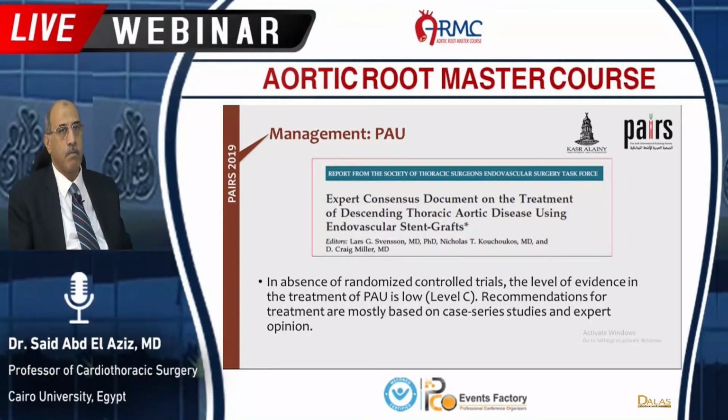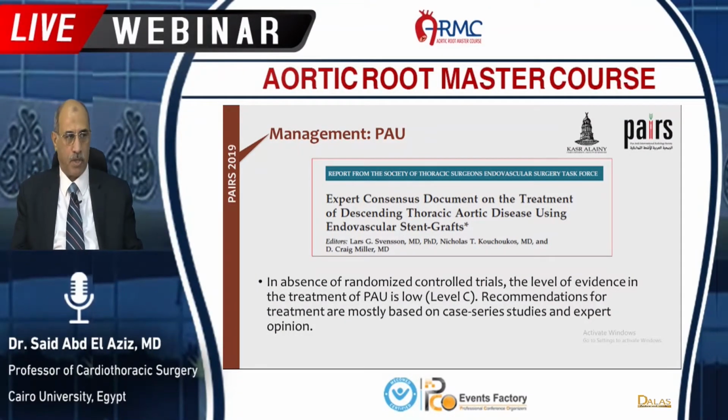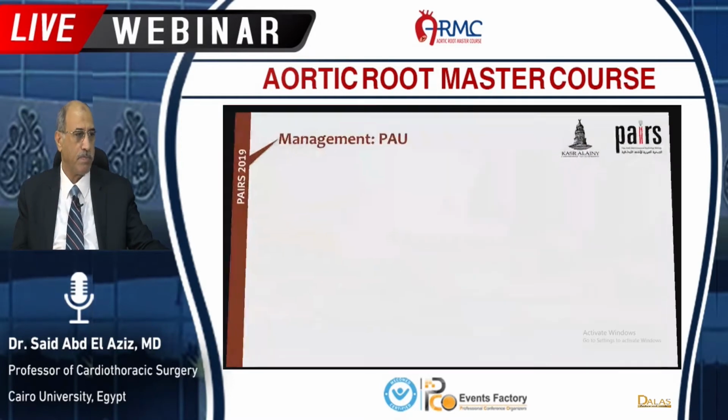What about the penetrating aortic ulcer? In the absence of randomized controlled trials, the level of evidence in the treatment of penetrating aortic ulcer is low, level C. The recommendations for treatment are mostly based on case series studies and expert opinion. It depends on the experience of the operator.